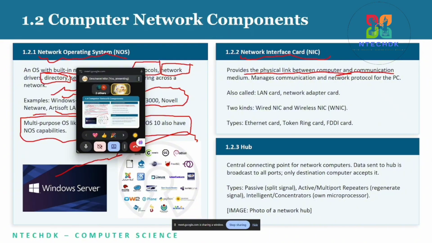It provides the physical link between computer and communication medium, right? Yes. So if I have a computer here, for instance, and I have a cable that I need to connect to a network, of course, it should have such a port.